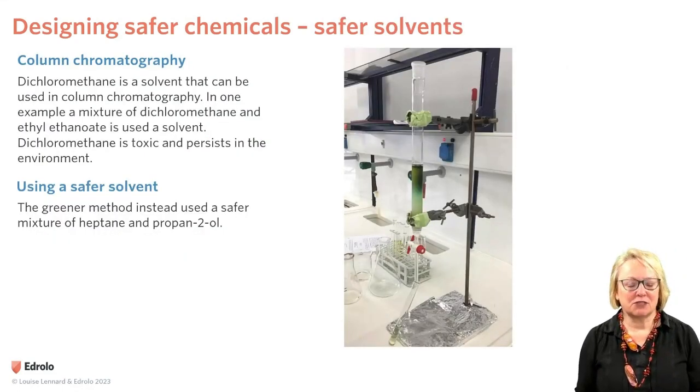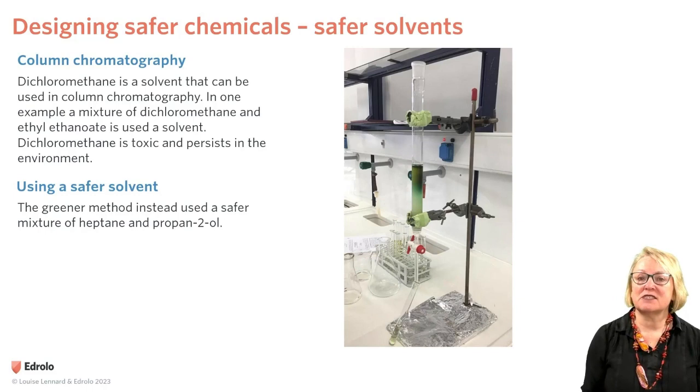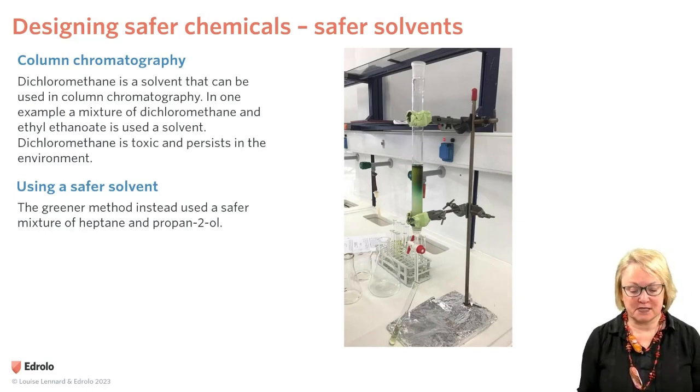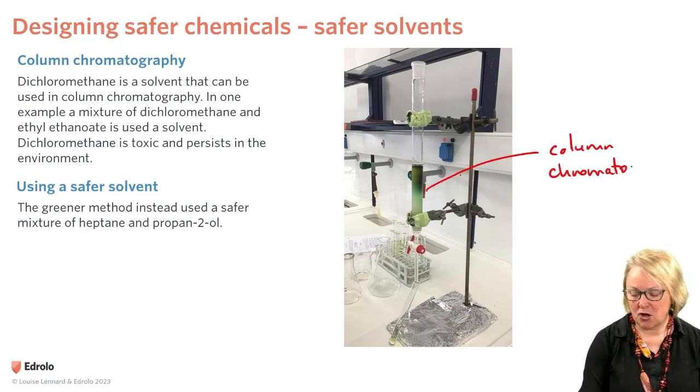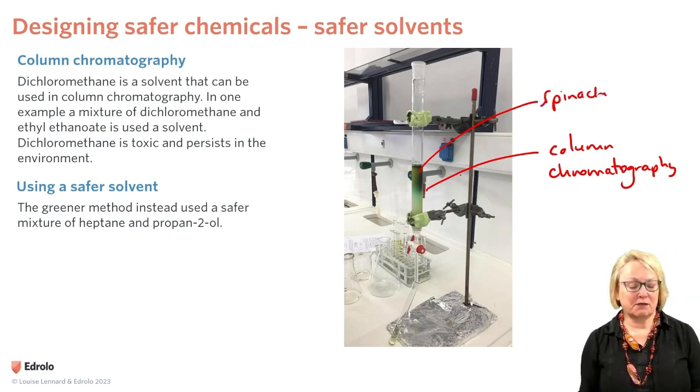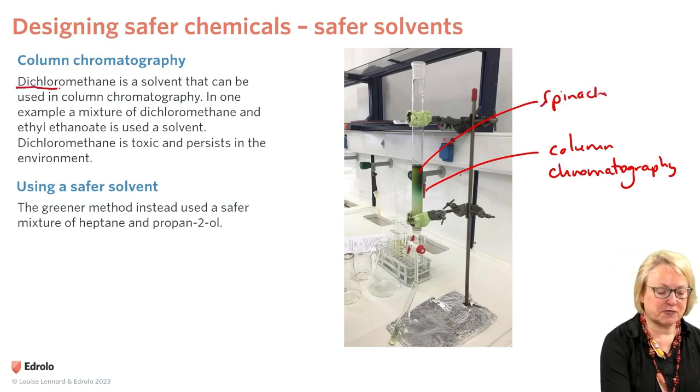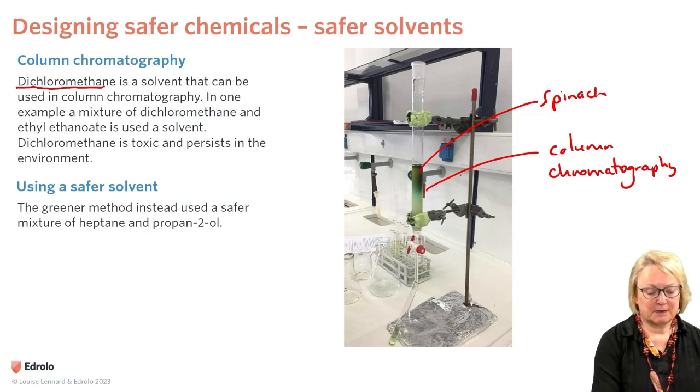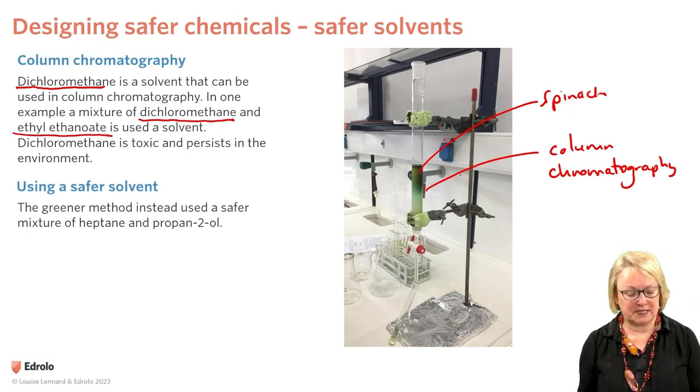Another thing that we can do with designing safer chemicals is to use safer solvents. Here we've got a part of column chromatography, and this one's used to separate the colours in spinach. The original solvent that was used was dichloromethane, and in one example, dichloromethane and ethyl ethanoate are used as the solvent mixture.